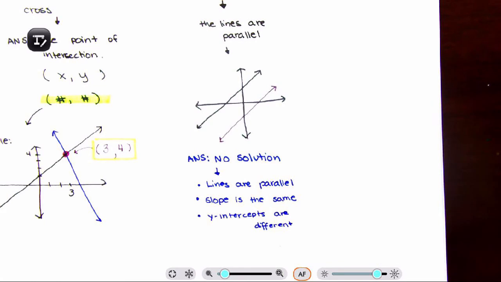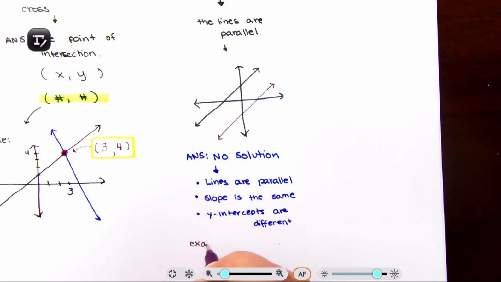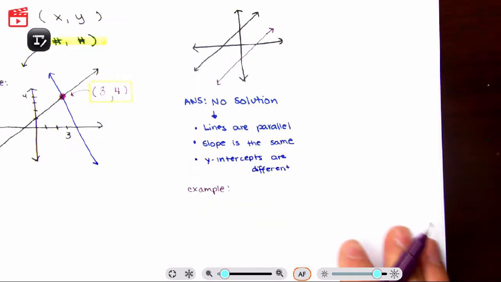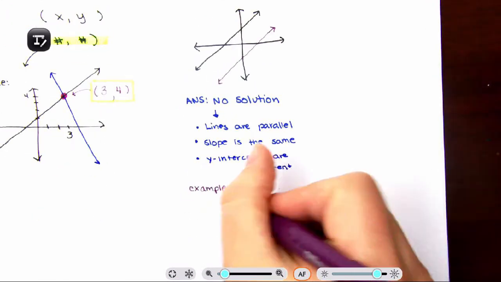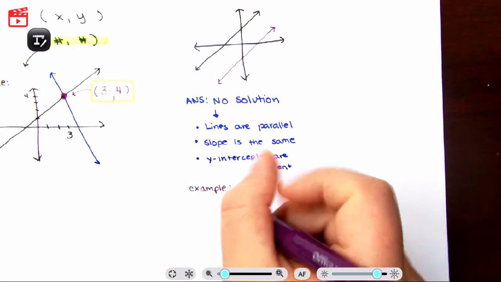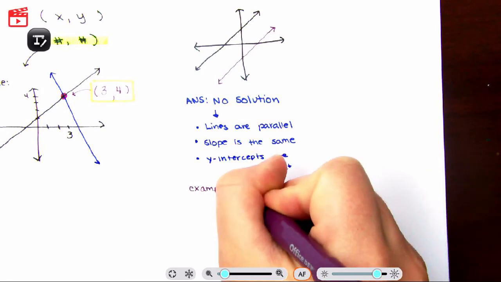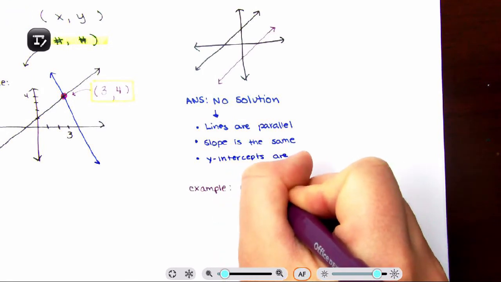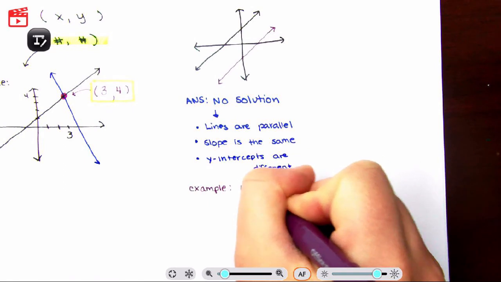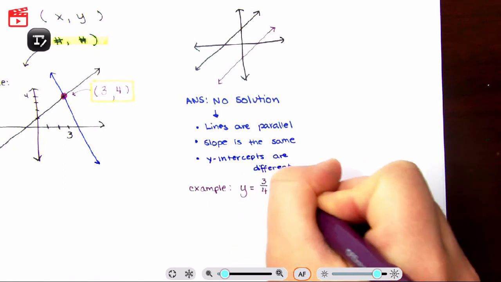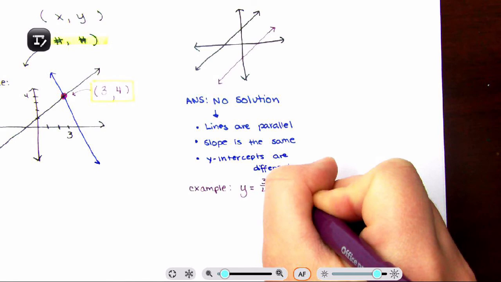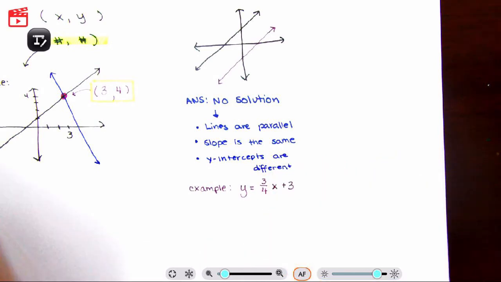Here's an example. I want to show you an example of two equations where the slopes are the same and the lines are different. So let's do y equals 3/4 x plus 3.